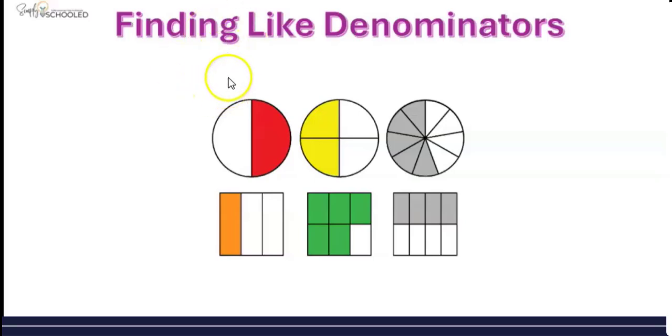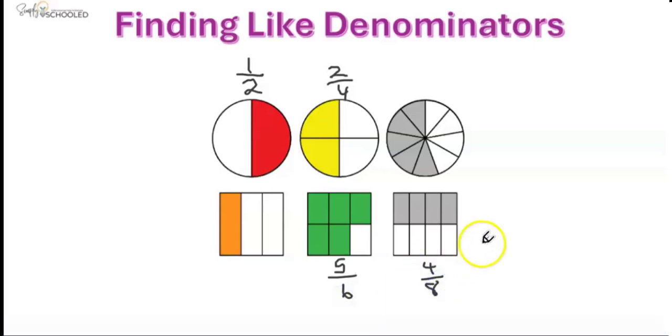In this video, we're going to learn how to find like denominators when you have two fractions with unlike denominators. And if you look at this collage of fractions I have here, you can see they all have different numerators and different denominators. This is 5/6, this is 4/8.